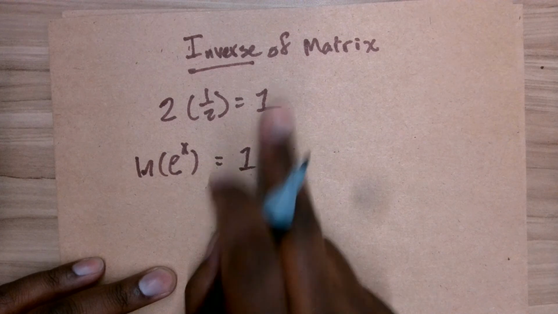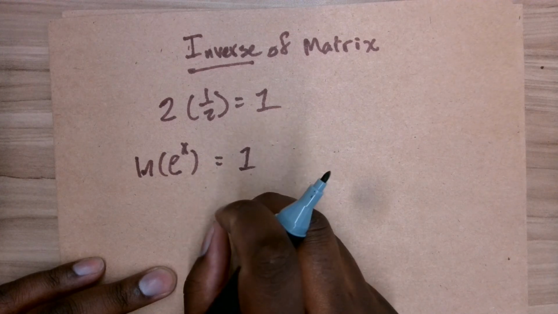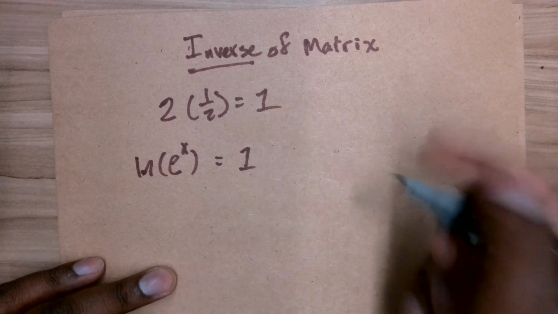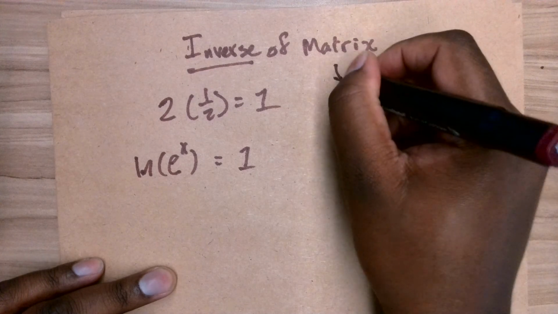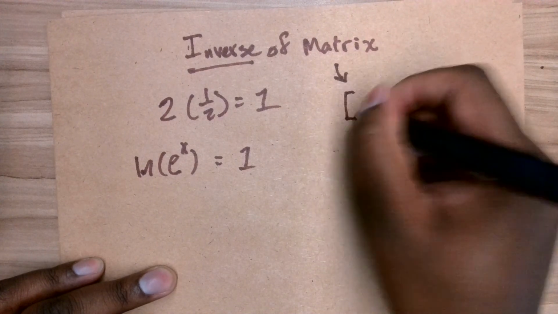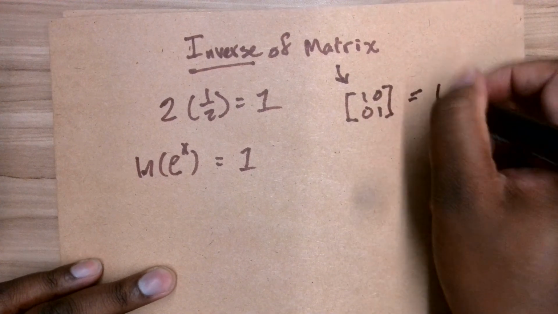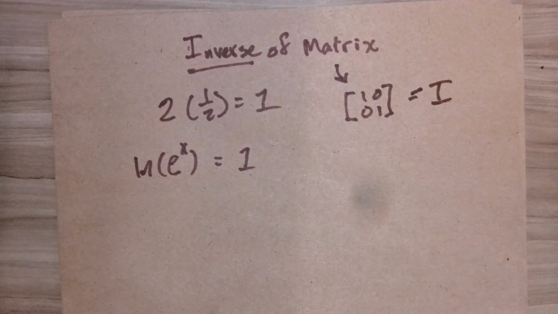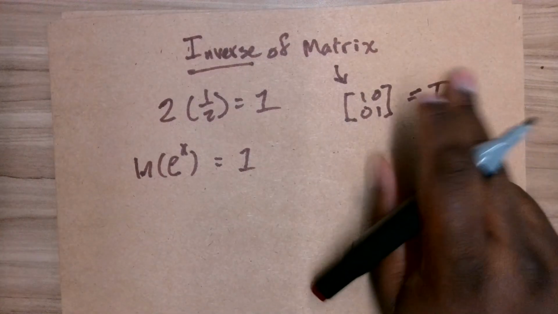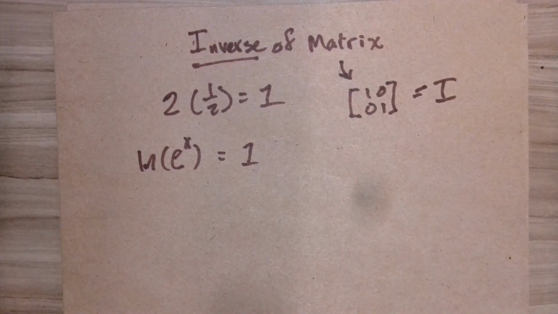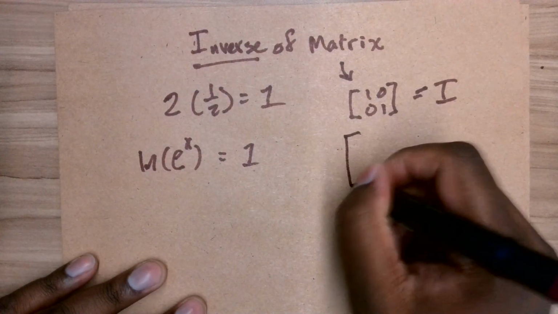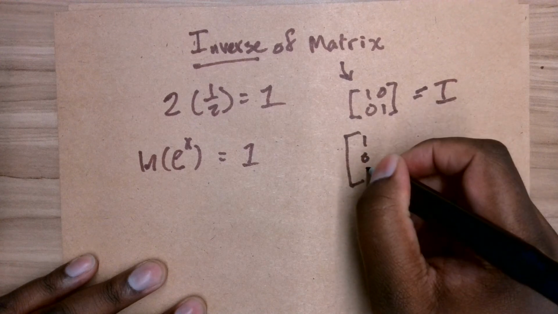Now, 1 is the multiplicative identity, and that's what we want to get back to. In matrices, what you're trying to get back to is this matrix. This is called the identity matrix, denoted I. For a 3 by 3 matrix, the identity looks like this.